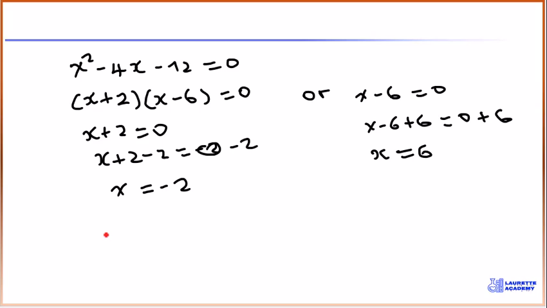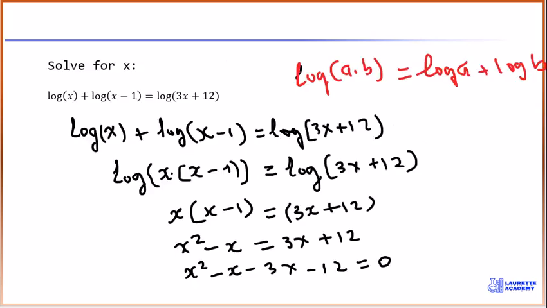Okay, so these are the two values of x that we have, but we need to test to see that they actually satisfy the original equation, because there are some values of x for which the logarithm is not defined, negative values for that matter.